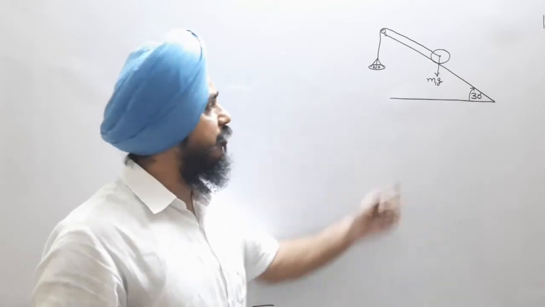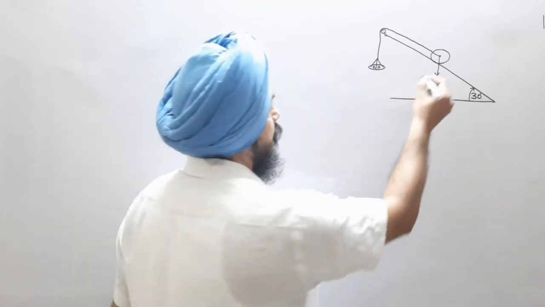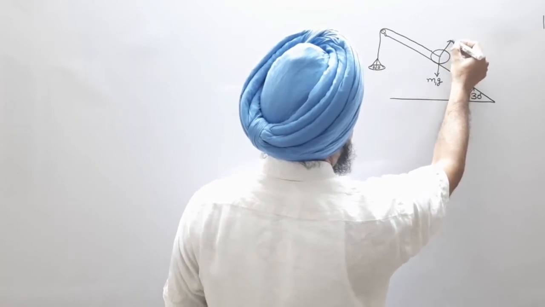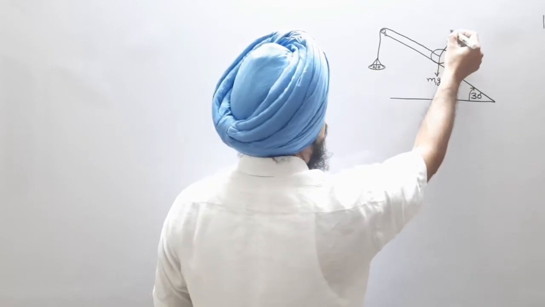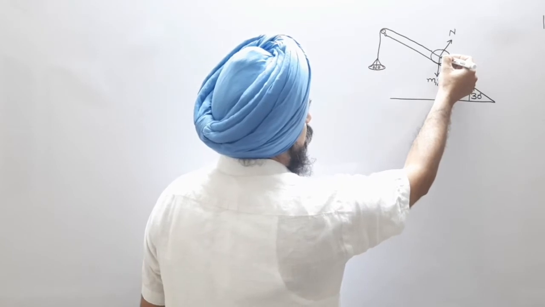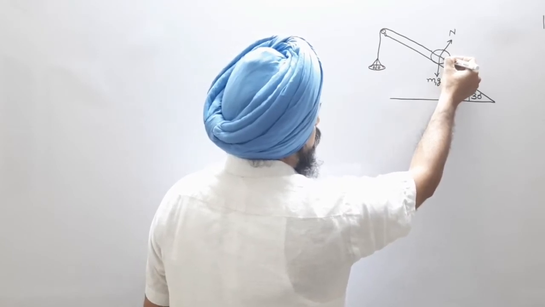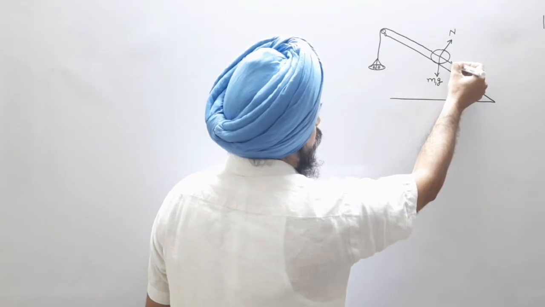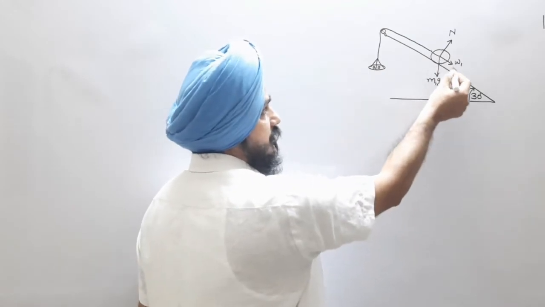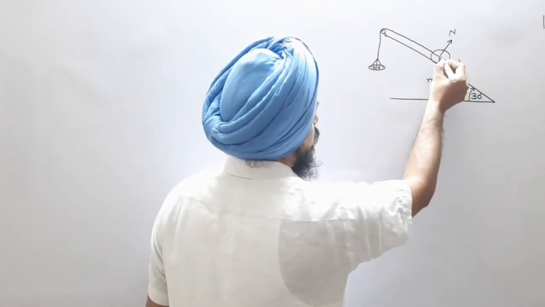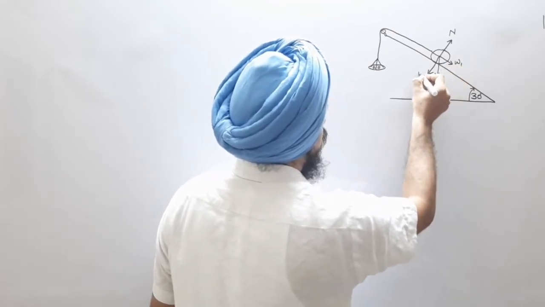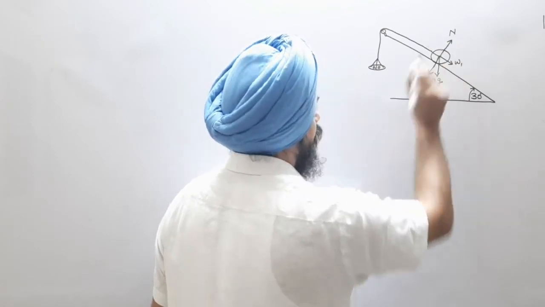We are considering the weight of the roller as M1G, and the normal action will be, as I told you earlier, perpendicular to the inclined surface. So this is the normal. Breaking the weight into its components, one component is W1, which is responsible for its downward motion, and the second one is W2, which will balance the normal action.